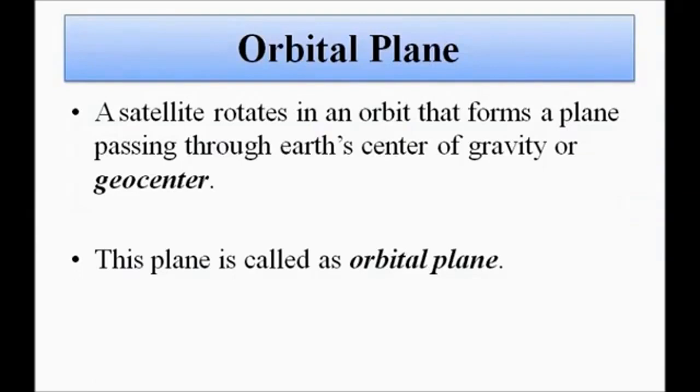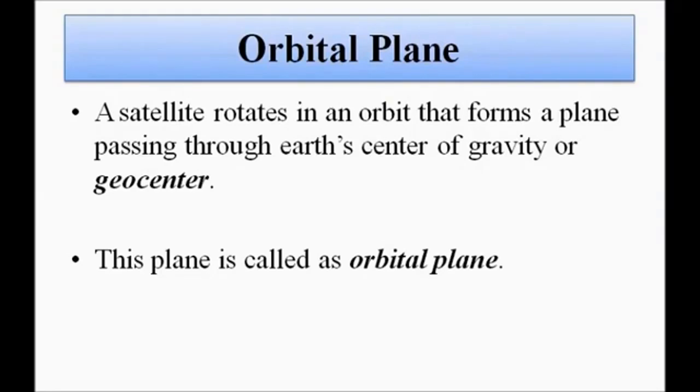First is the orbital plane. Now we know that a satellite moves around Earth in a well-defined path. It can be circular or elliptical.